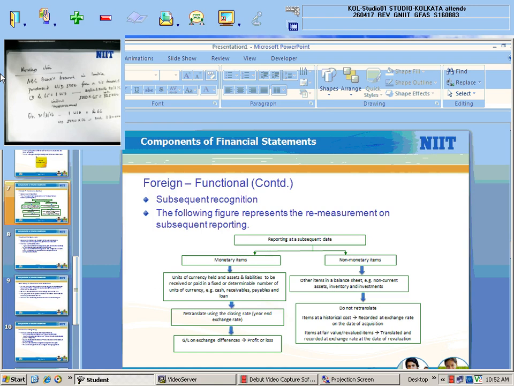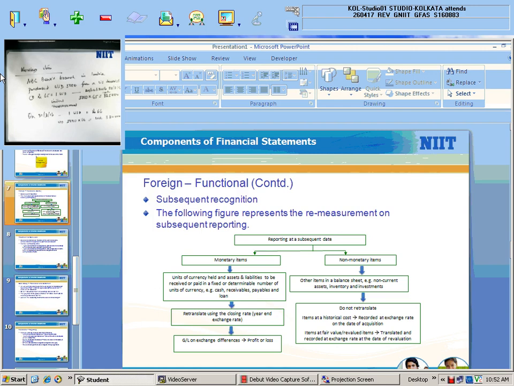So if a dedicated server of $1 lakh was purchased on, let's say, 8th September 2015 at the rate of $1 to 64, then 64 lakhs is recorded as the cost of that server, and it will be maintained at that cost. Of course, you have to charge depreciation and all that, but it will not be retranslated using the closing exchange rate.